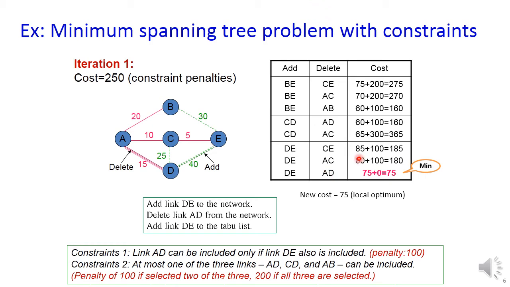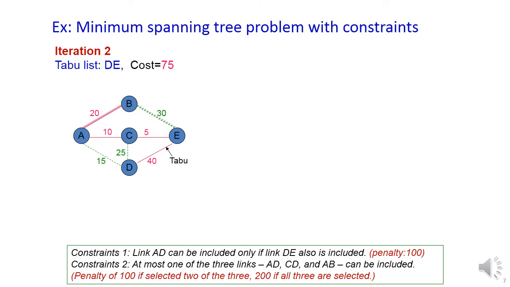Since we are adding DE, we add DE to the network as well as to the taboo list, and delete AD from the spanning tree. At the end of iteration 1, the taboo list has DE as one edge, the cost of the spanning tree is 75, and this is the new spanning tree. Coming to iteration 2, the same steps are repeated.